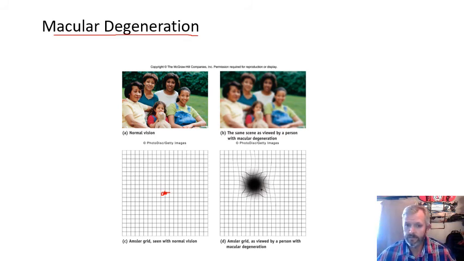Your eye is still going to have the light focused onto wherever you're looking, onto the fovea centralis, but there are damaged areas in the macula around the fovea. Therefore you don't see any vision there, because this is where that damage has taken place, and you don't have cones there. If you don't have cones, you're not receiving the visual input. So you see that as a grid there.